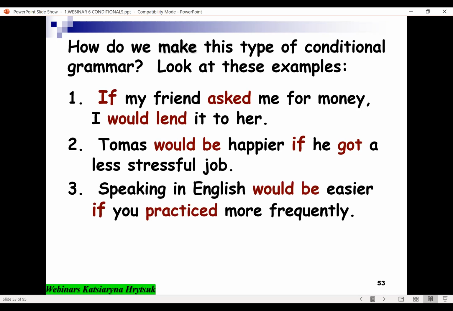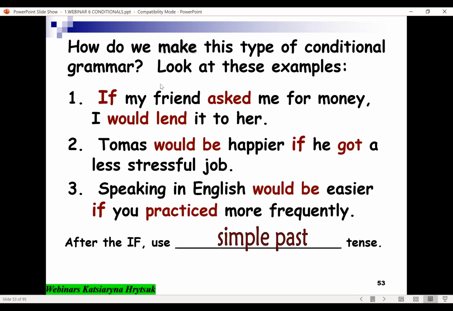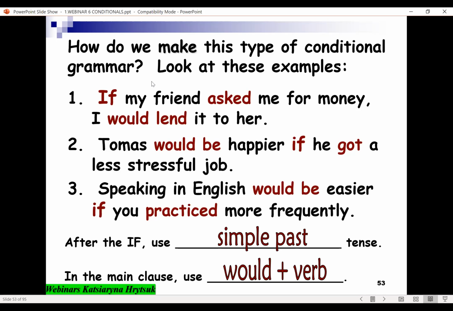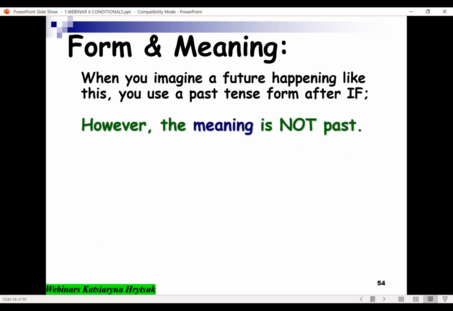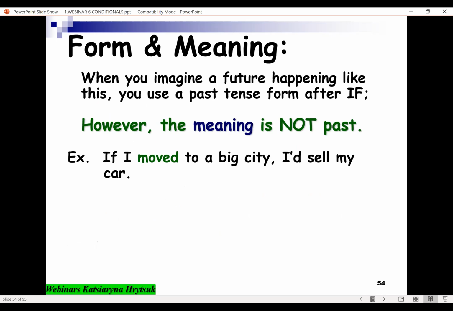Yes. You see, we use past simple. After if we use simple past or past simple tense. And in the main clause, we use would plus verb. This is again, the meaning is not in the past. This is what I want to tell you. Even if you use a verb in the past, the meaning is present. If I moved to a big city, I would sell my car.